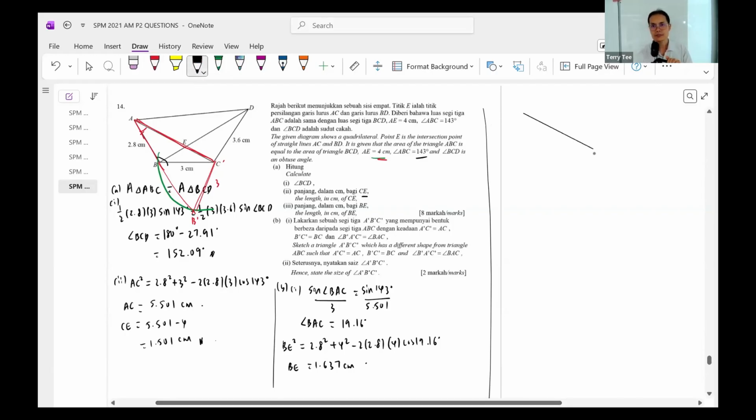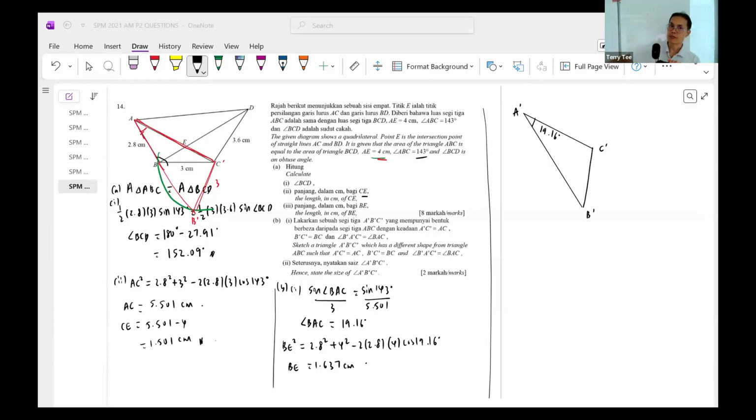So the triangle that you have to draw, let me just draw nicely here, looks something like this. This is your A prime, C prime, B prime, where this angle should be 19.16. Yeah, you have to swing it out if you like.